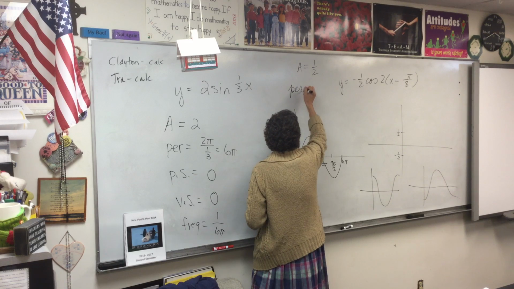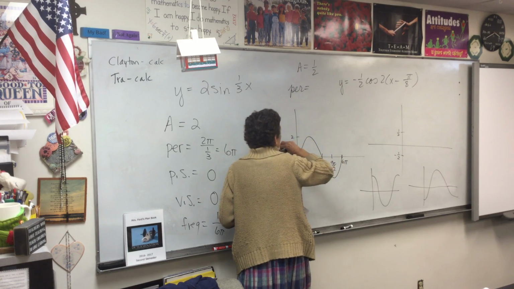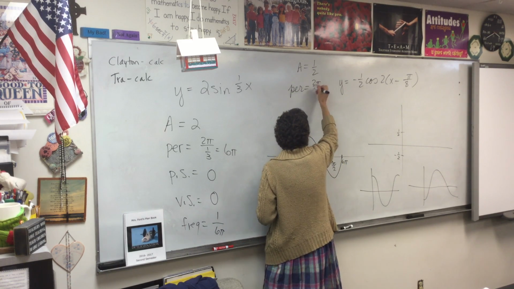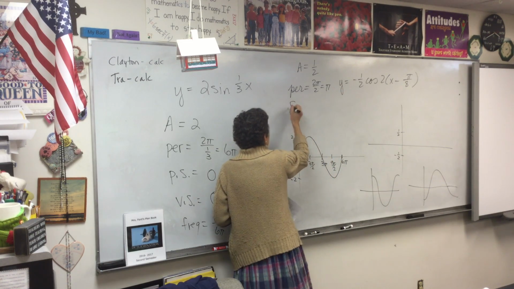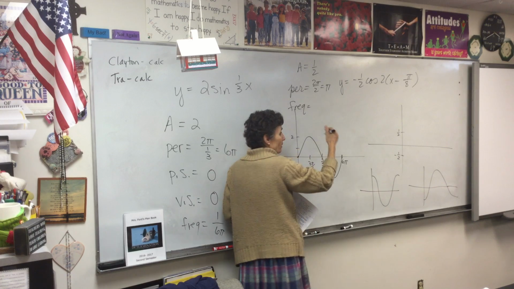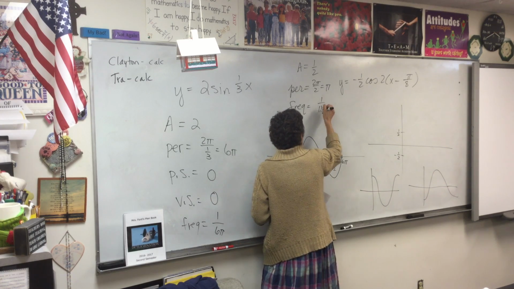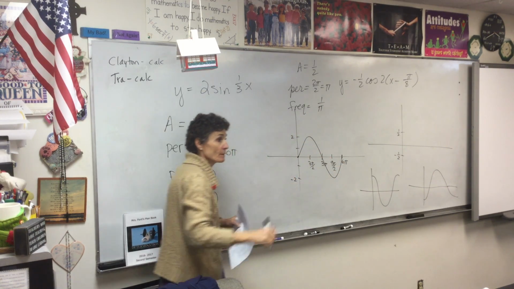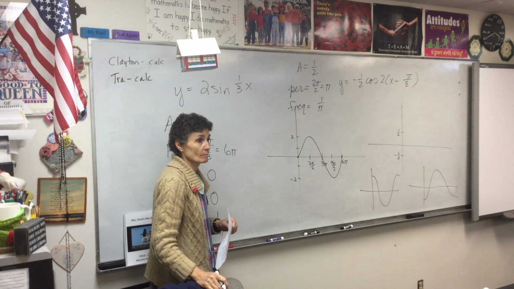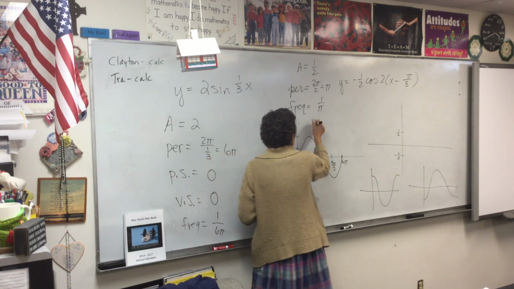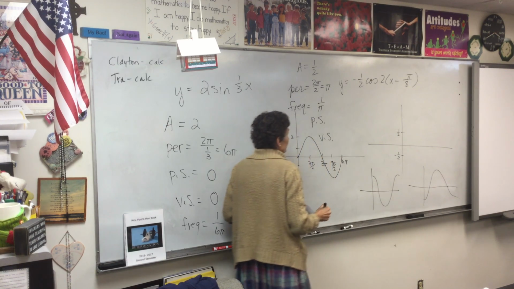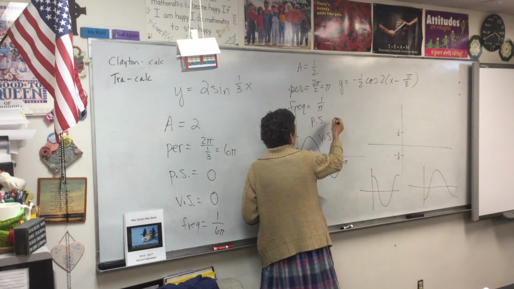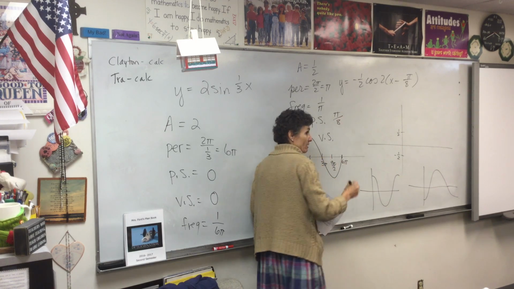What's my period? Yes, it's 2 pi over 2, which is pi, which means my frequency, I got a little out of order here, but that's okay. Frequency is going to be 1 over pi. Now what about a phase shift? Pi over 8, and that's a positive pi over 8.